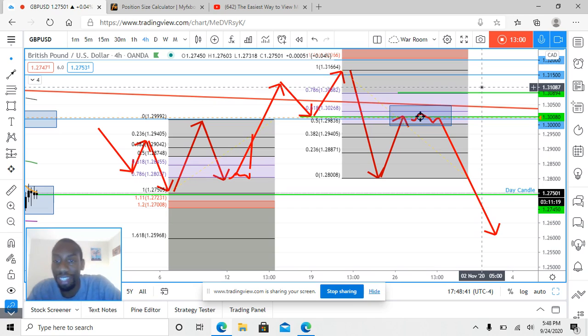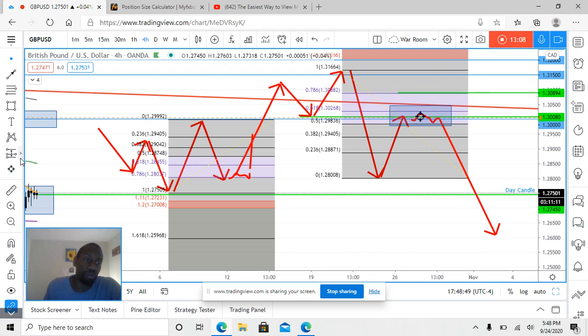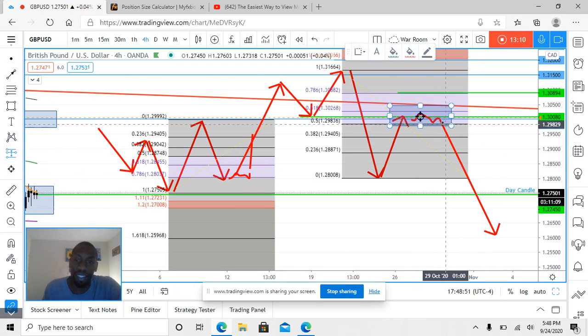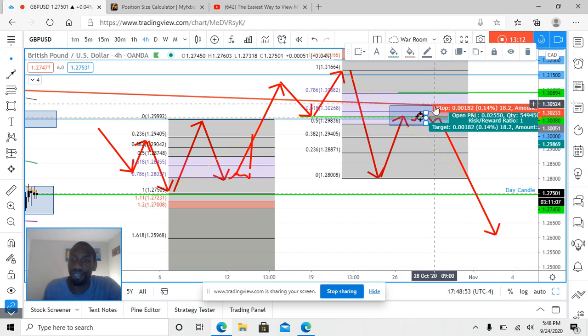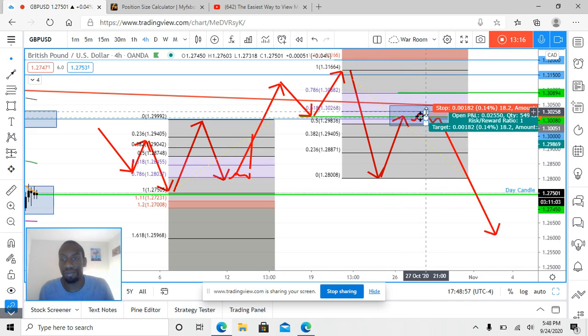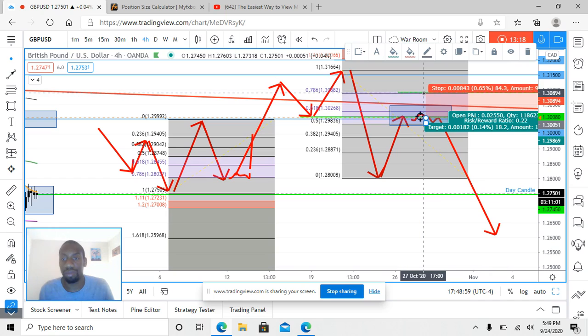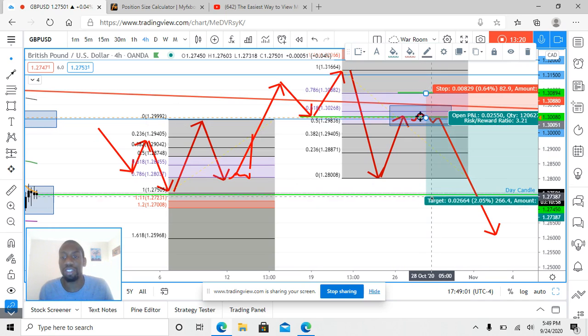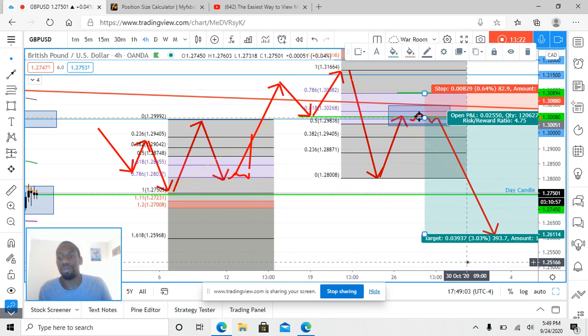Make sure you have a nice safe stop loss. Use a good risk reward ratio wherever you need to. Boom. Take that trade.